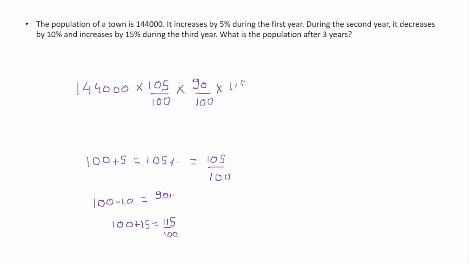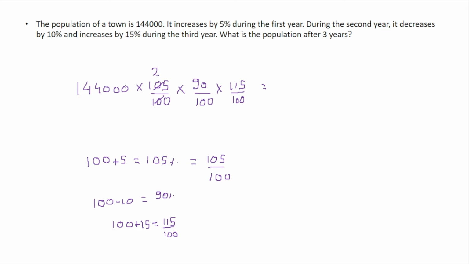Okay, so after applying these changes, that is for first year, second year and third year, the population that comes out to be after this calculation will be the net population. Okay, so 144, you can simply divide it with various numbers, with 5 you can divide it.